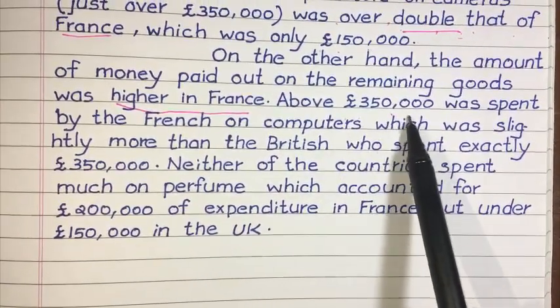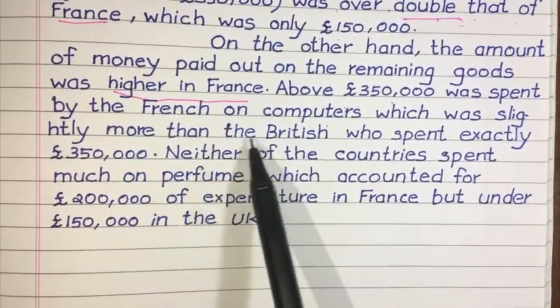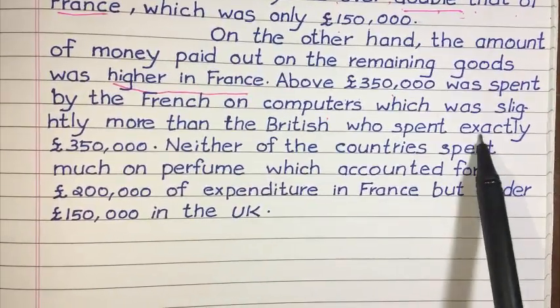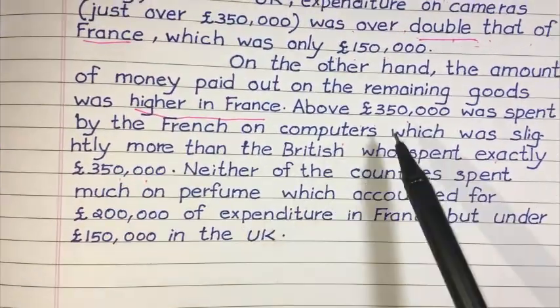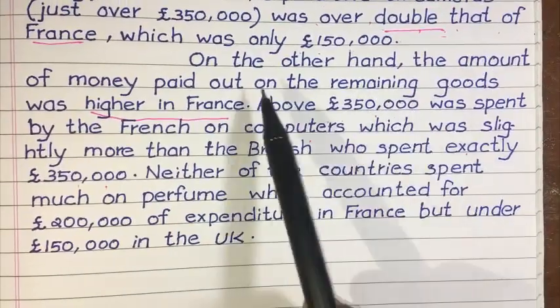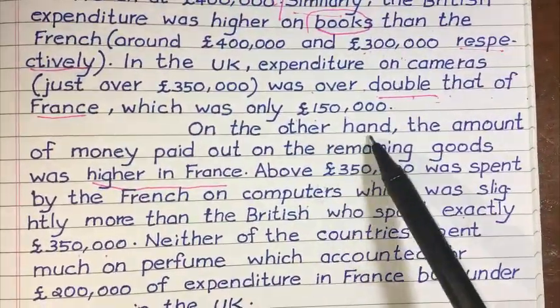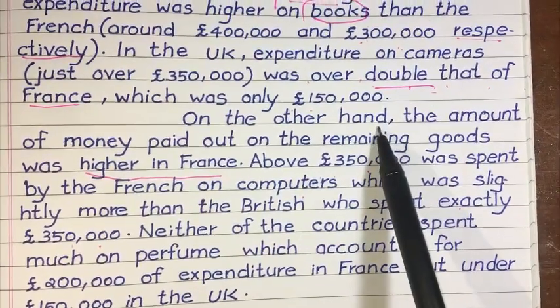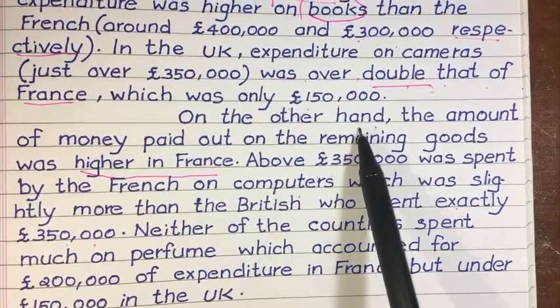About 3,50,000 pounds was spent by the French on computers, which was slightly more than the British, who spent exactly 3,50,000 pounds. See the things. On the other hand, I was going to talk about some other idea rather than this one. That's why I have used this; you can use besides, apart from this, in addition to, you can use any words over here.